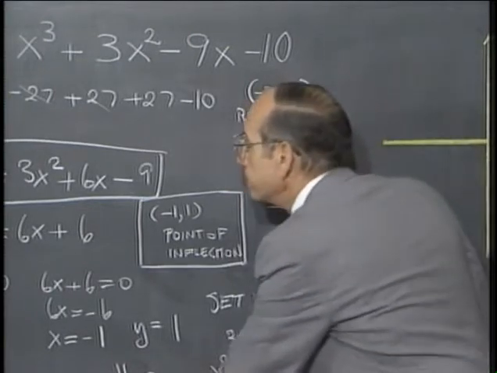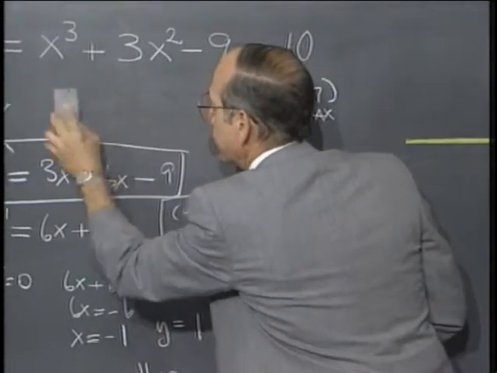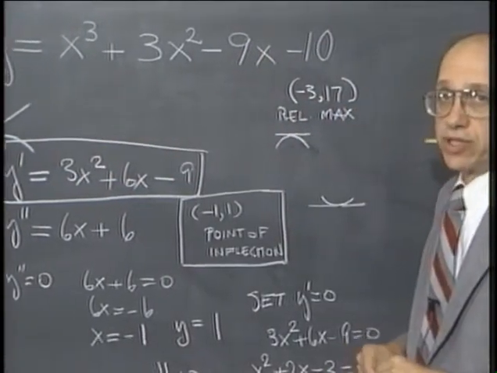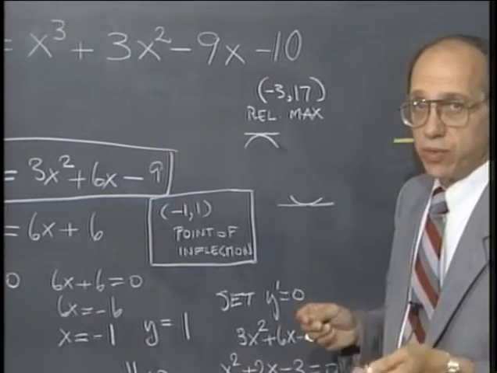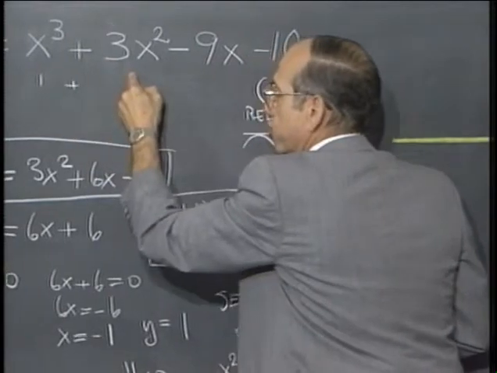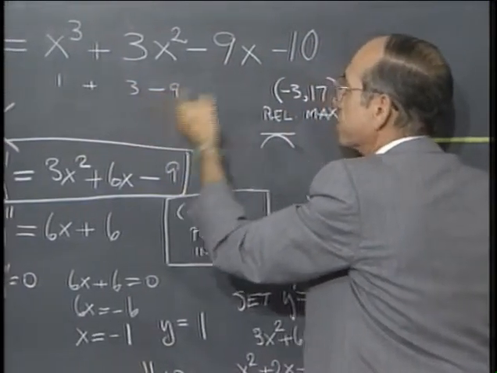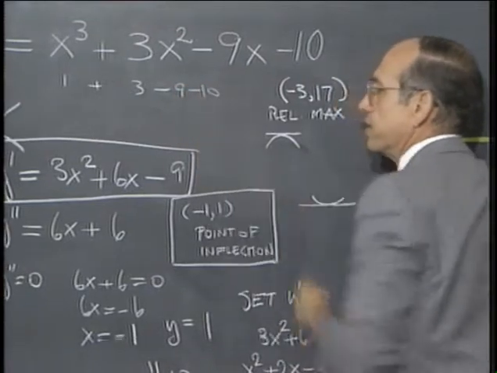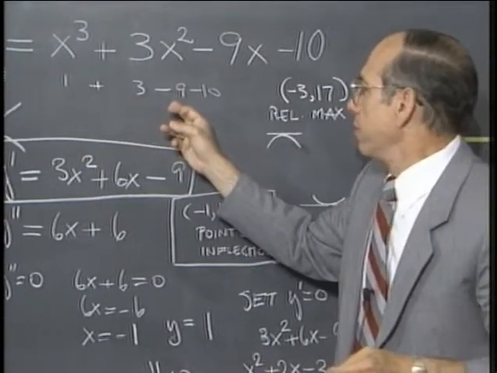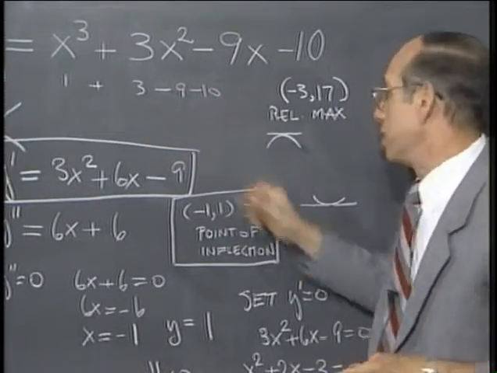Can I erase again? Let me get rid of this, and we'll substitute into this formula now the other critical number, x equals 1. Substituting x equal 1, we get 1 cubed is 1, plus 3 times 1 squared is 3, minus 9 times 1 is 9, minus 9, minus another 10. Let's see, what's that? 4 minus 9 is minus 5, minus 10 is minus 15.